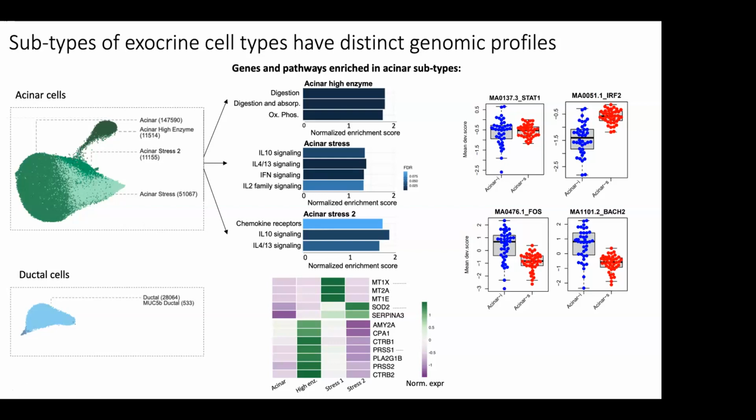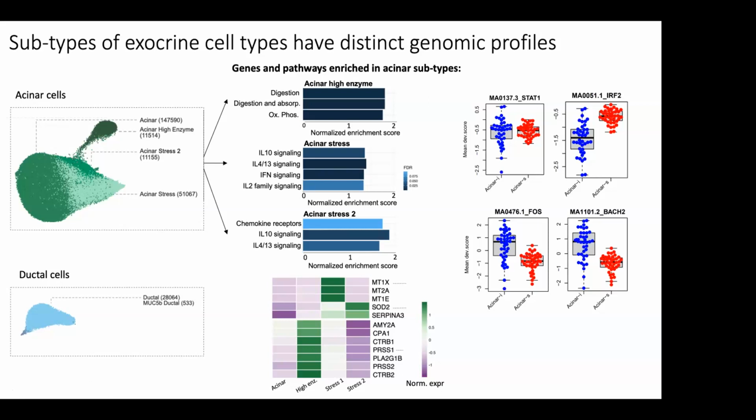And if you look at the genes that preferentially are expressed in those different clusters, we identify processes that suggest that these subclusters may represent either cell states or distinct subtypes of acinar cells. So for example, there's a high enzyme cluster of acinar cells, which preferentially expresses digestive enzymes and so forth.